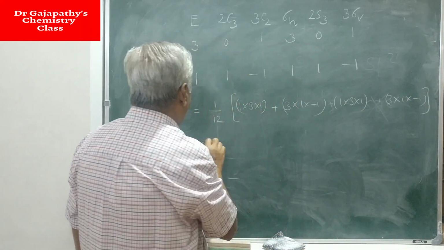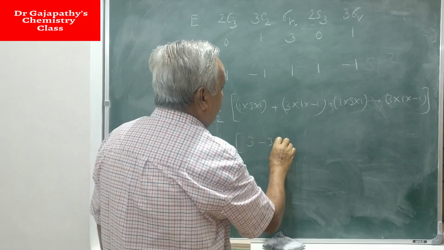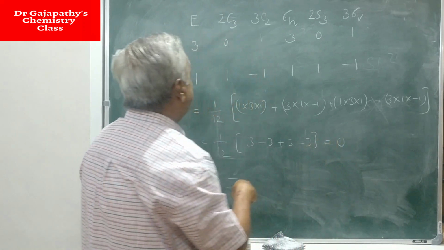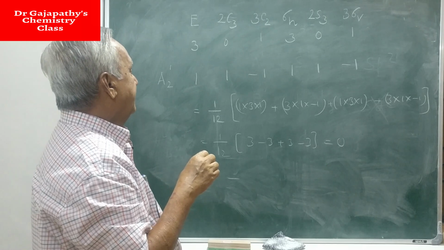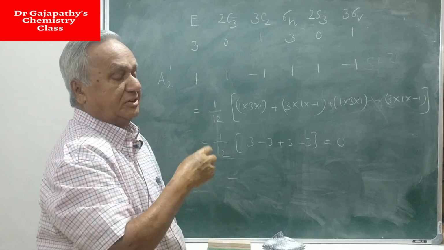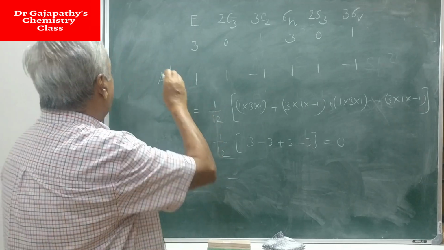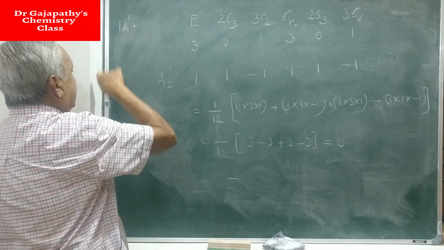That is equal to 3 minus 3, 3 minus 3, 0. So this doesn't contain any A2 prime. This reducible representation doesn't contain any A2 prime. We have found out that there is only one A1 prime in this.